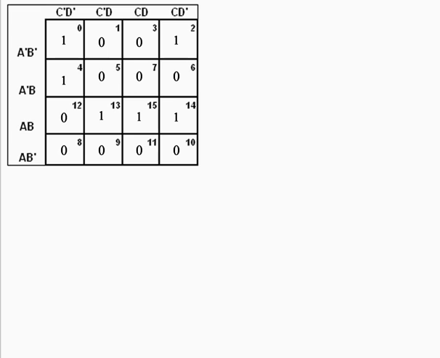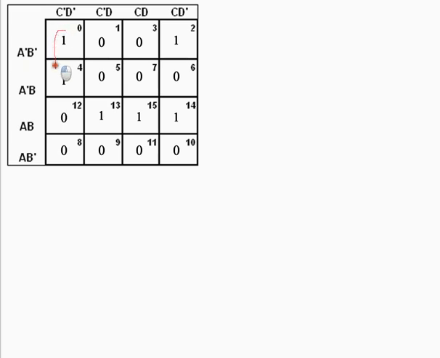So to begin with, there are some telltale signs here that will help you figure out what you need to do. If you take a look at this one right here, what can it be paired with? The only thing it can be paired with is this, all right? So you're going to have to take the following term.